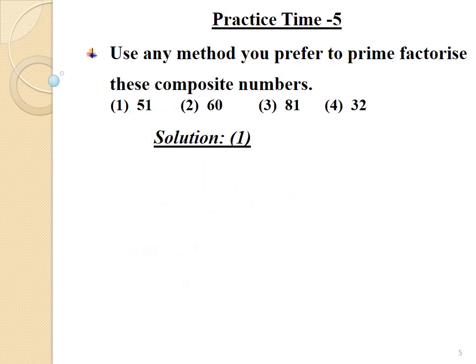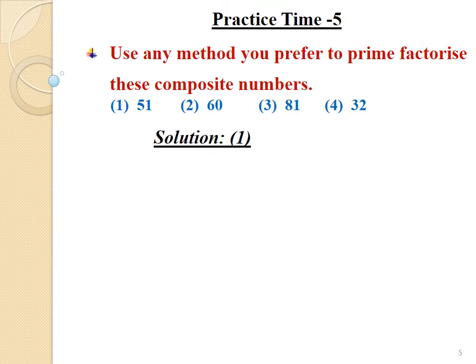Practice time 5. Question number 1. Use any method you prefer to prime factorize these composite numbers. Students, in this question, you have to prime factorize the given composite numbers by any method, that is division method or factor tree method, whichever is convenient for you.